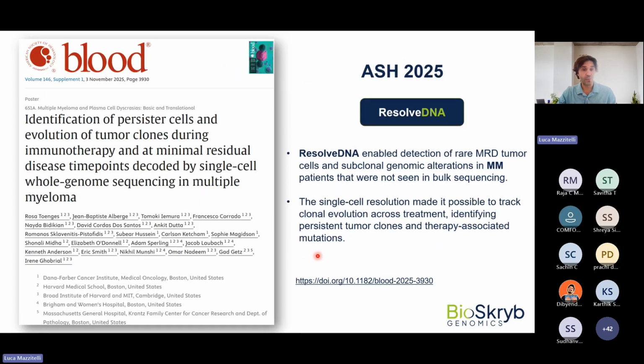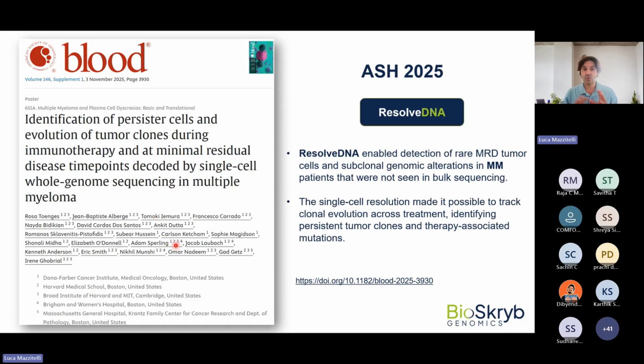And actually, this is what they are doing at the Dana-Farber Cancer Institute in Boston from the Gabriel lab. They used ResolveDNA to detect rare MRD tumor cells and subclonal genomic alteration in multiple myeloma patients that were not seen in bulk sequencing.